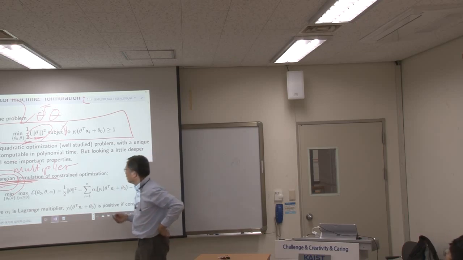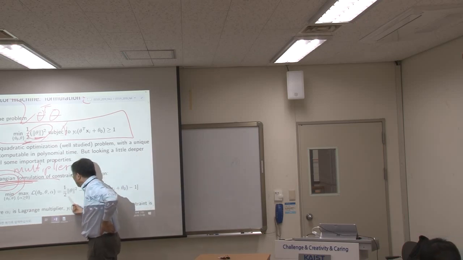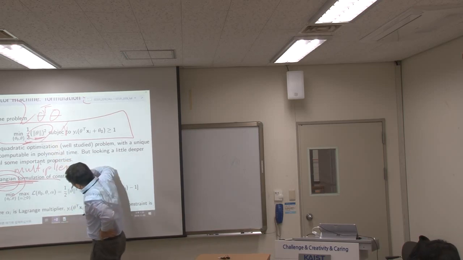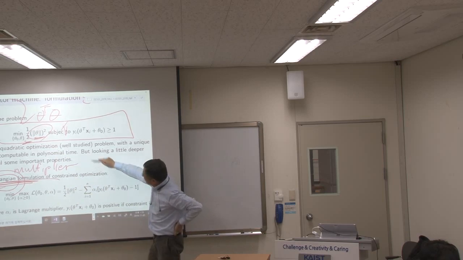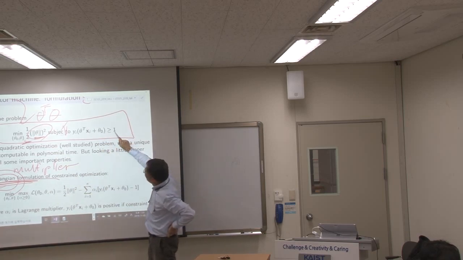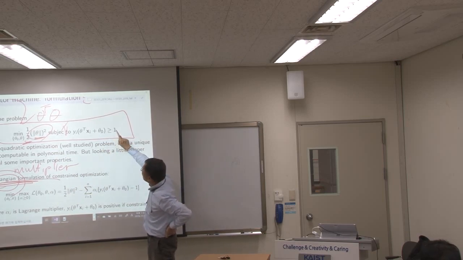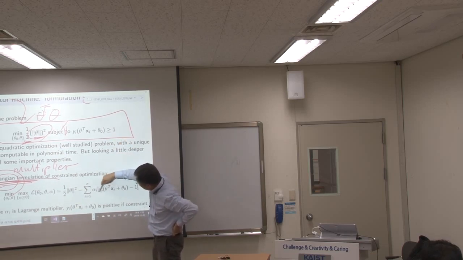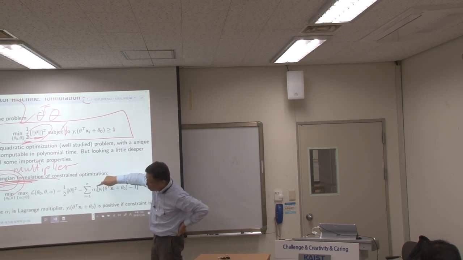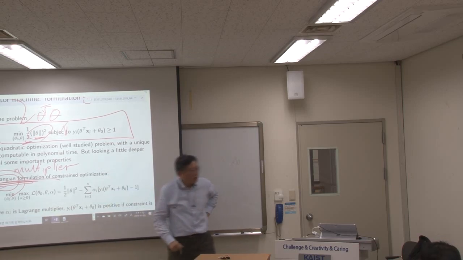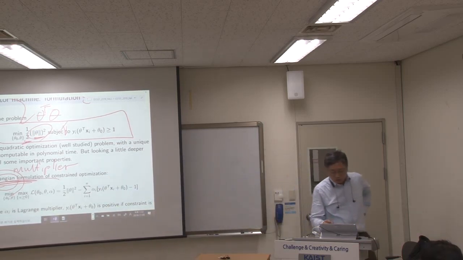Okay? So here it is. The objective function comes down like that. And then the constraint comes down. And then I move this thing right over here, minus 1. Like that. And then I add in this thing called Lagrange multiplier.